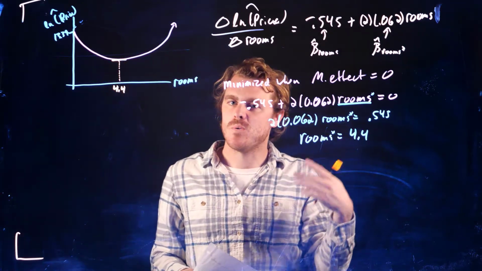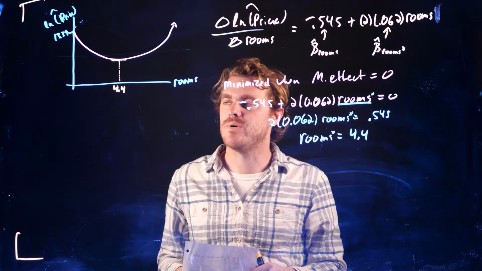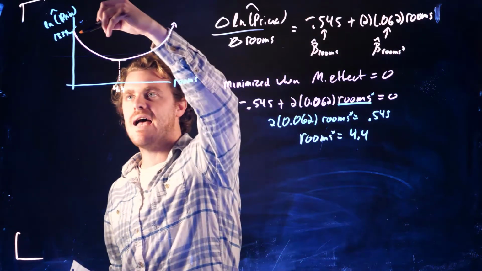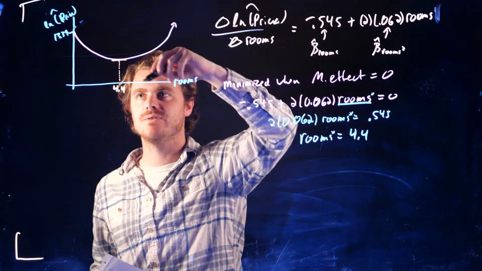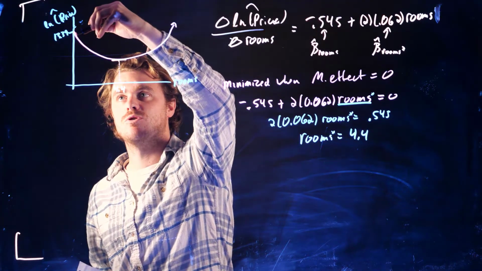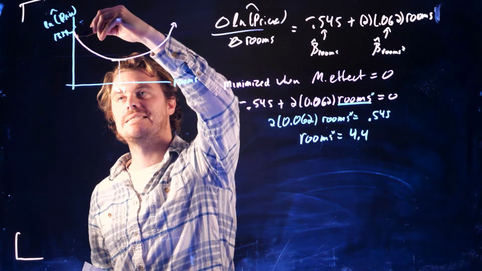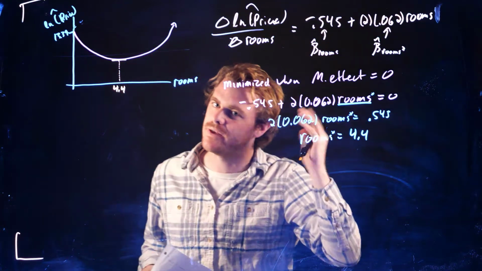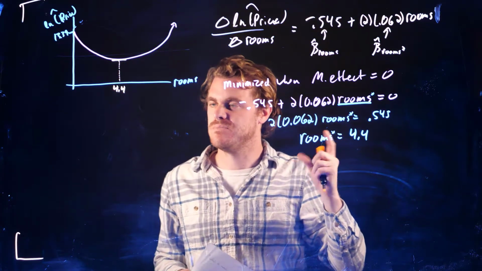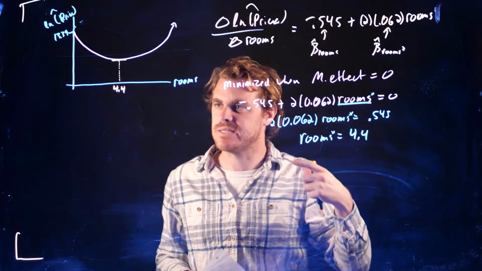So let's think about what that means in this regression. It means that if we have less than 4.4 rooms in our house and we add rooms, we're actually decreasing the price of our house by adding rooms. That seems a little bit weird, but we can talk about that in a couple seconds.